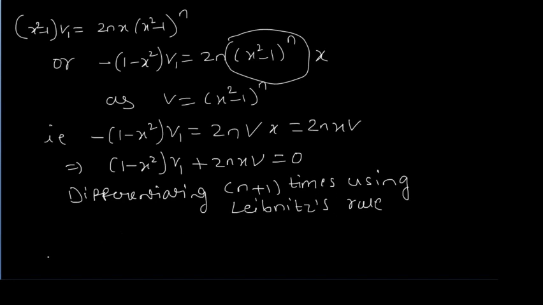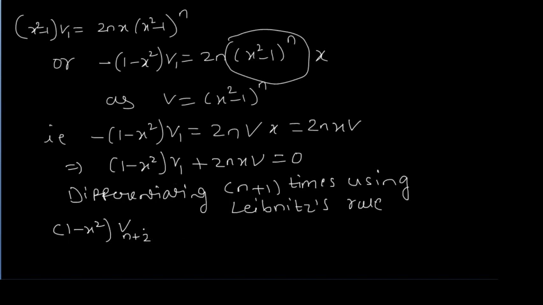We obtain this as follows. First we keep 1 minus x squared as it is, and differentiating v1 n plus 1 times, it becomes vn plus 2.